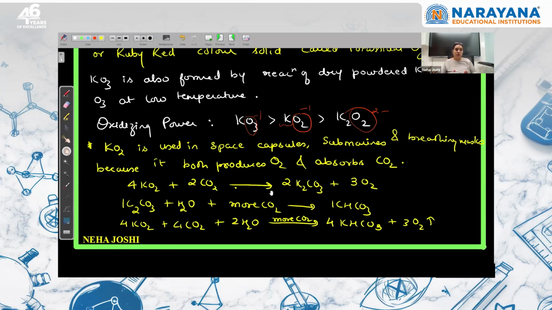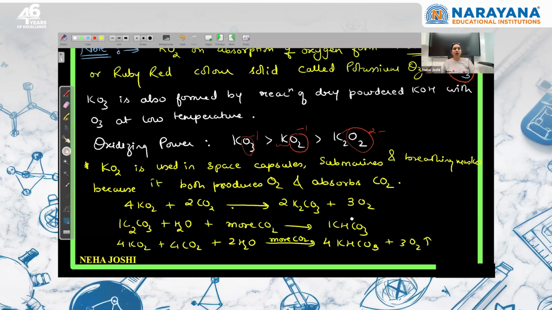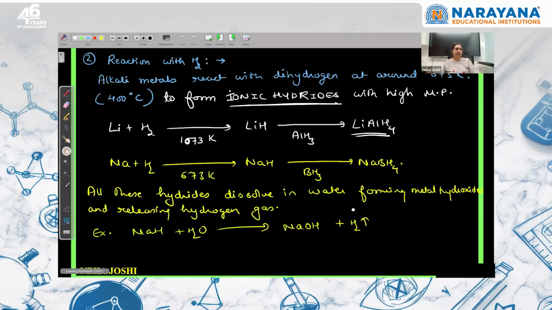And it also absorbs CO2. See, KO2 absorbs CO2. It forms carbonate and O2 is released. So double thing, it purifies the air, absorbing the impure thing, and also releasing the good air, which is oxygen, to the surrounding. Okay, so KO2, that is potassium superoxide, is used in submarines.